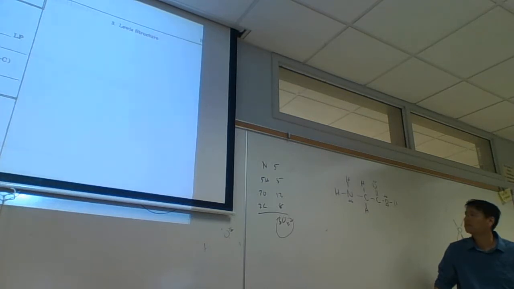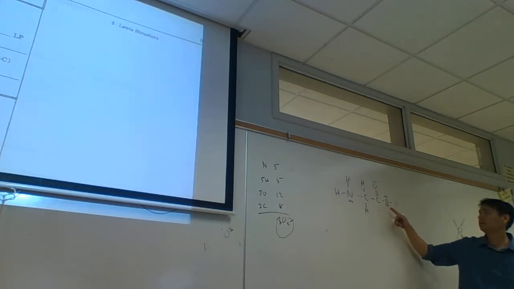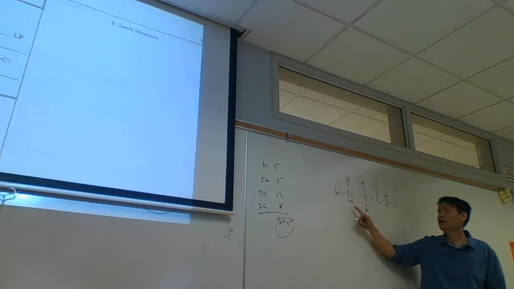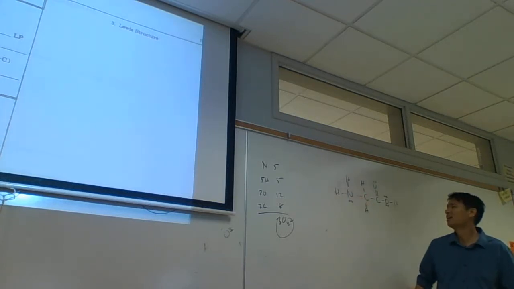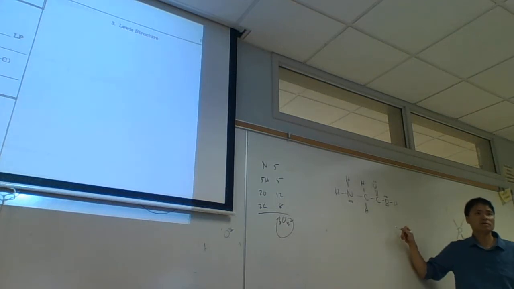Let's count it. 1, 2, and then half of this is 3, 4, 5. Yeah, that's good. Oh, actually, they're all 0. So this structure checks out.